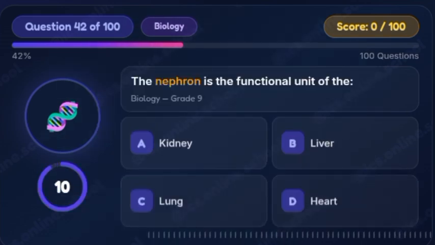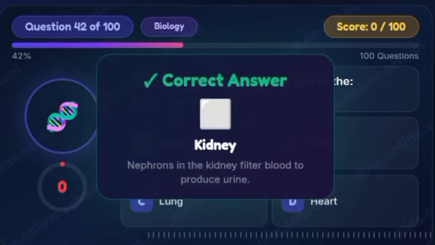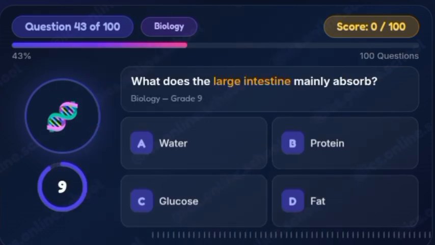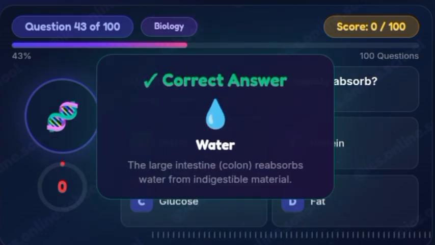The nephron is a functional unit of kidney. What does the large intestine mainly absorb? Water.